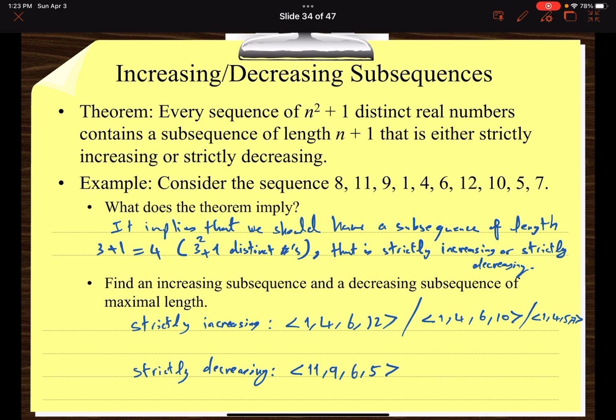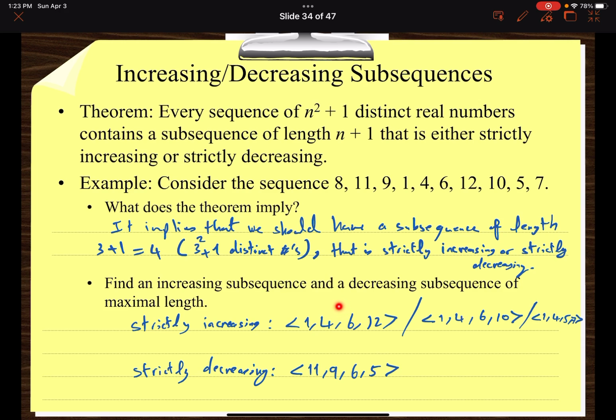We found more than one here of length 4. The length would be n plus 1, 5. But does it mean you cannot find more than n plus 1? No, it guarantees you have a subsequence of length n plus 1.